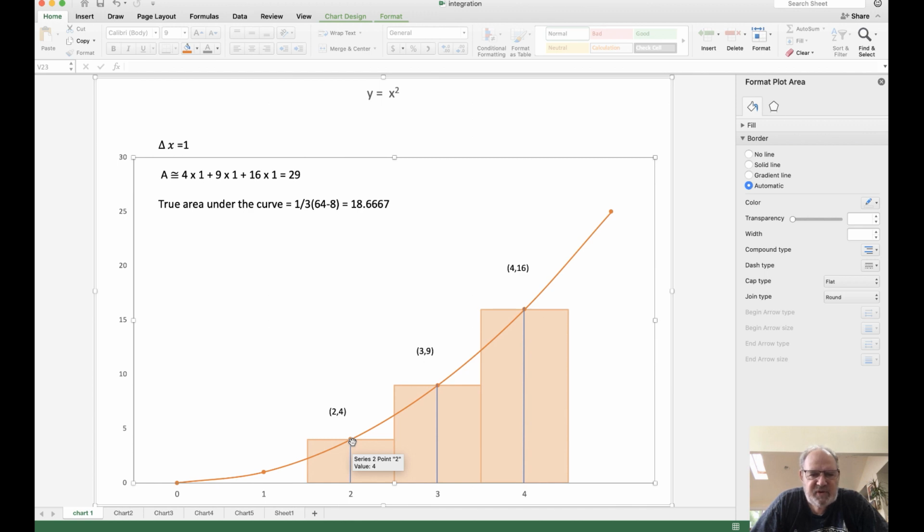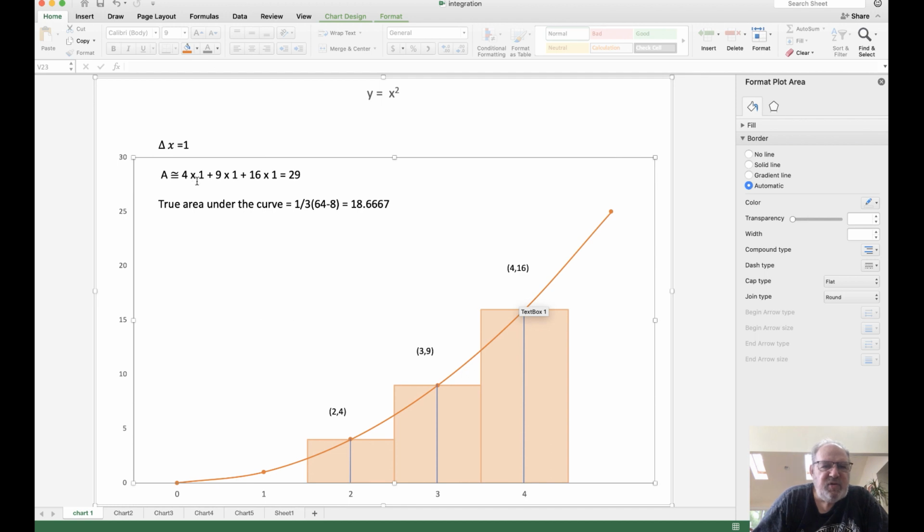We call it y average. So y average is taken to be the point at which we estimate the height of the rectangle. Here it's at 2, 3, and 4. So if we take these 3 rectangles and multiply them by delta x, delta x times 4 is 4, delta x times 9 is 9, and delta x times 16 is 16.